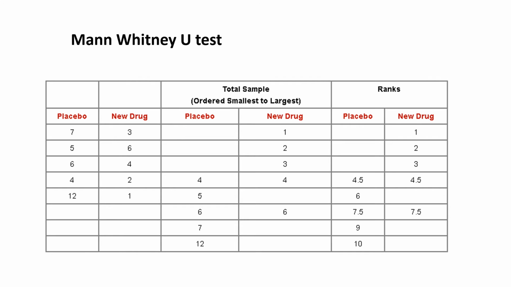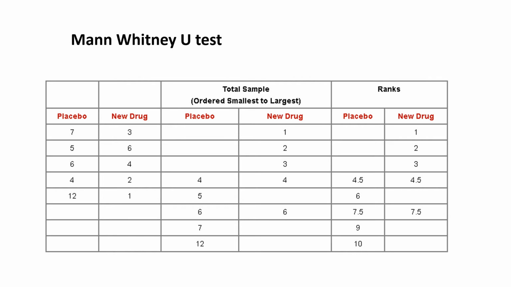Now we have to arrange them in order. 1, 2, 3 are new drug values. 4 is there for new drug and for placebo also. 5 is there only for the placebo group. 6 is there for new drug and for placebo also. 7 and 12 are there for placebo. So you arrange from the smallest value to the largest value.